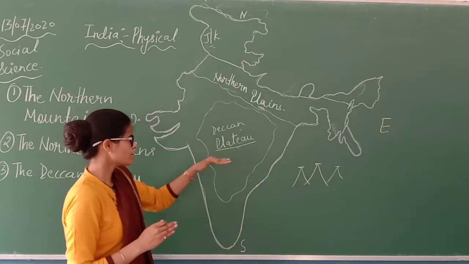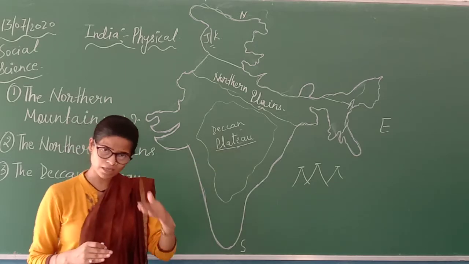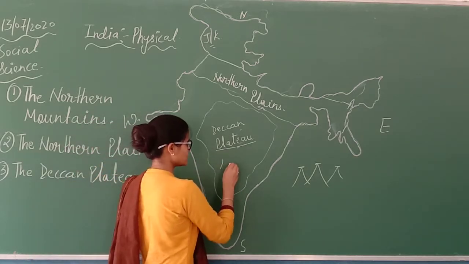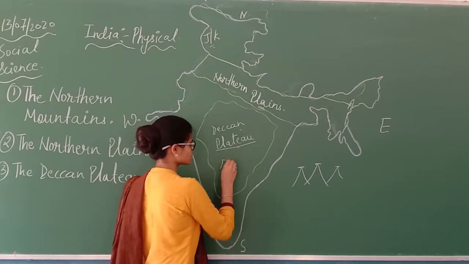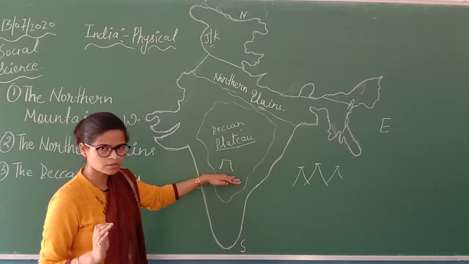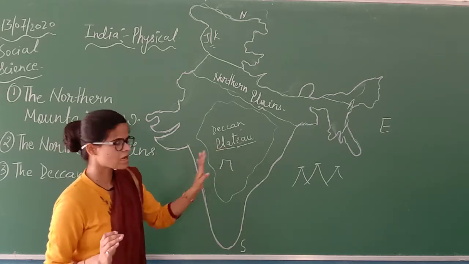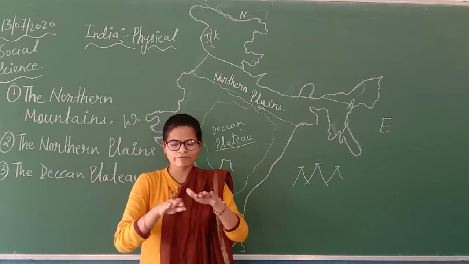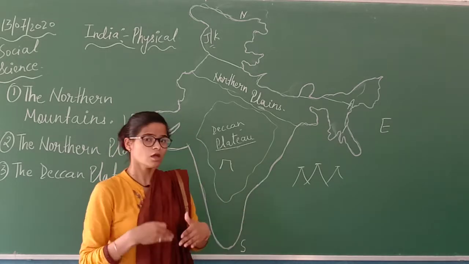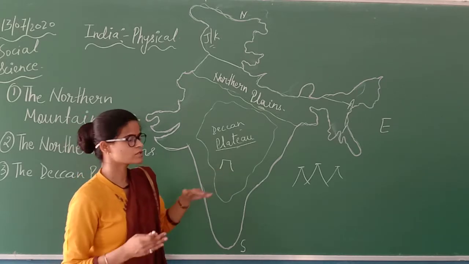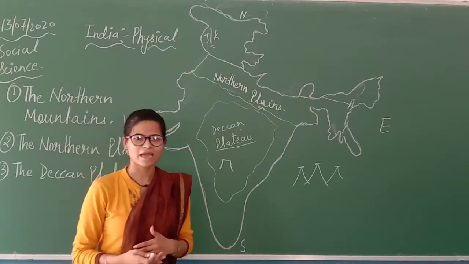Plateaus are like a mountain, but on the top they are slightly flat, like a table. A table is high up and its surface is flat. In the same way, plateaus are like this. So plateaus are flat land.